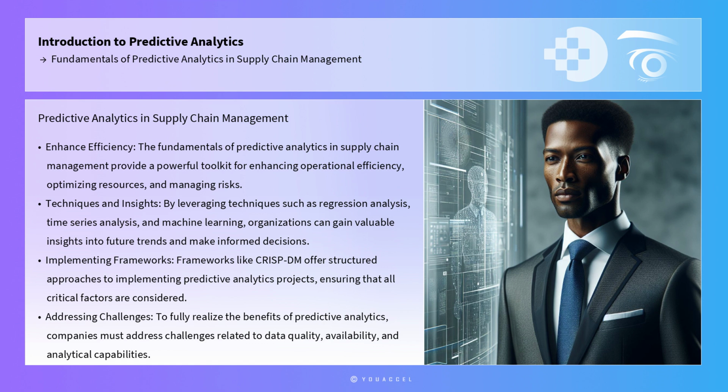Frameworks like CRISP-DM offer structured approaches to implementing predictive analytics projects, ensuring that all critical factors are considered. As demonstrated by real-world case studies, businesses that effectively harness predictive analytics can achieve significant improvements in inventory management, order fulfillment, and overall supply chain performance.